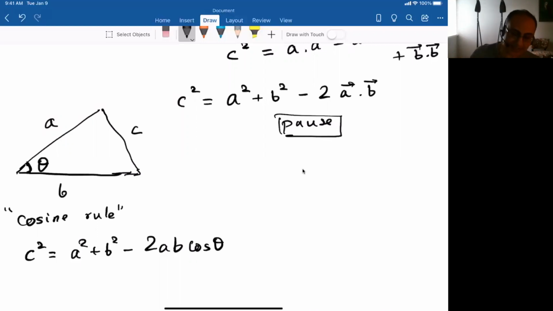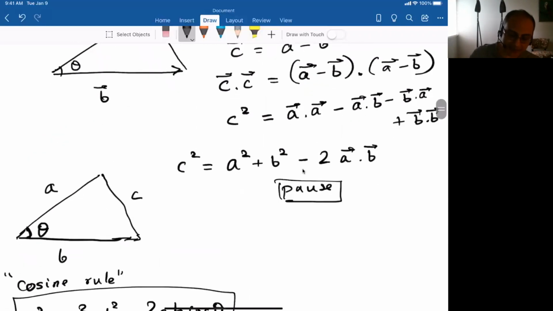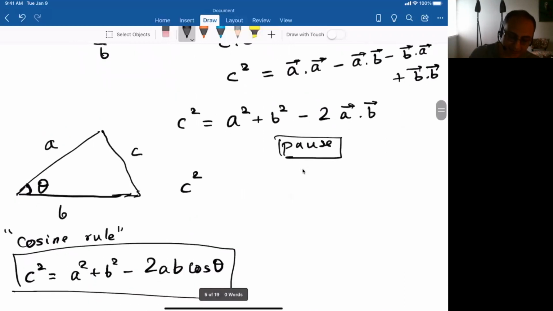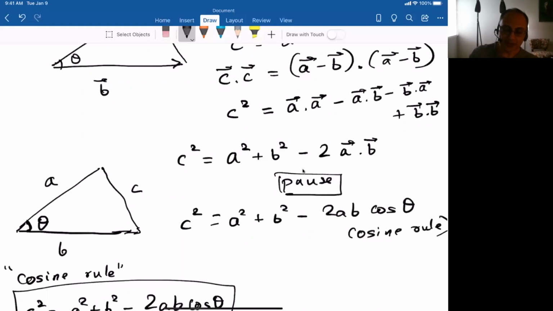So anyway, let's apply the cosine rule to our triangle. According to the cosine rule, we get C square equals A square plus B square minus 2A times B cosine theta, right? That's also true because this is the cosine rule. So we found two different ways of writing C square.